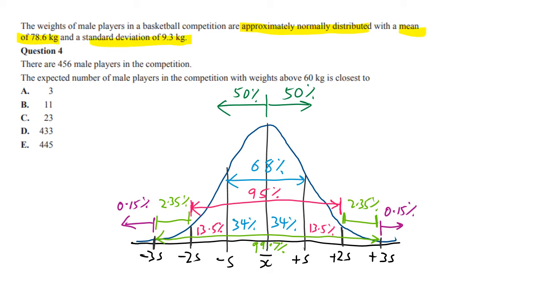You can see they love these questions, approximately normally distributed, with a mean of 78.6 and a standard deviation of 9.3. So you're going to have to get a bit more sort of decimal with this one. Now we've got 78.6 here, and then you have to add 9.3. Okay, and in no way did I pause the video and do this on the calculator. So plus 9.3 is 87.9, plus 9.3 is 97.2, plus 9.3 is 106.5.